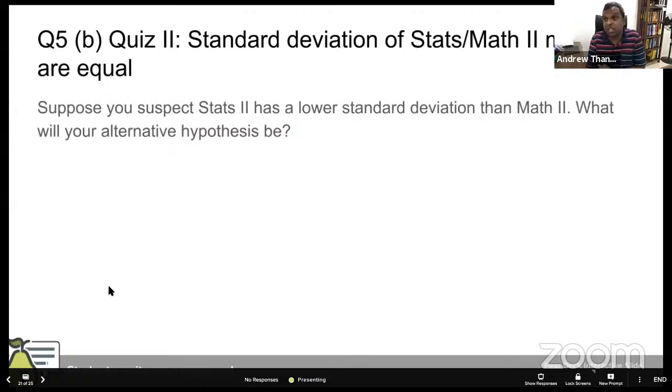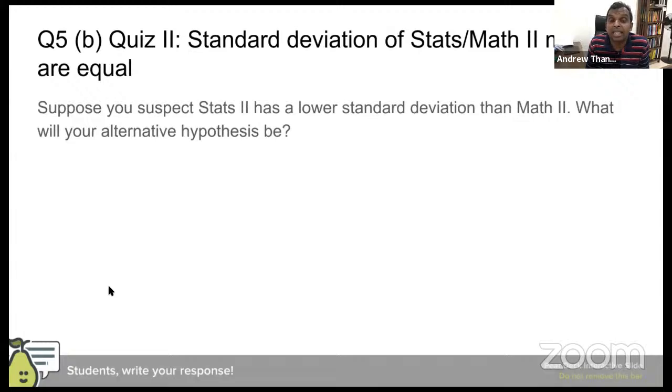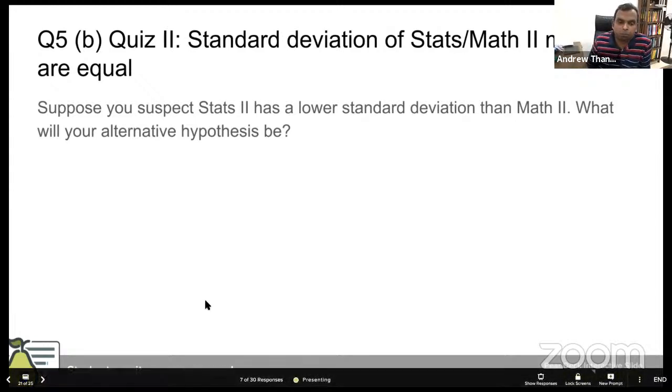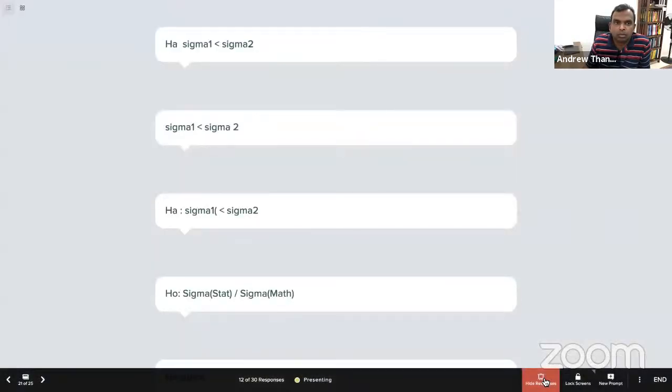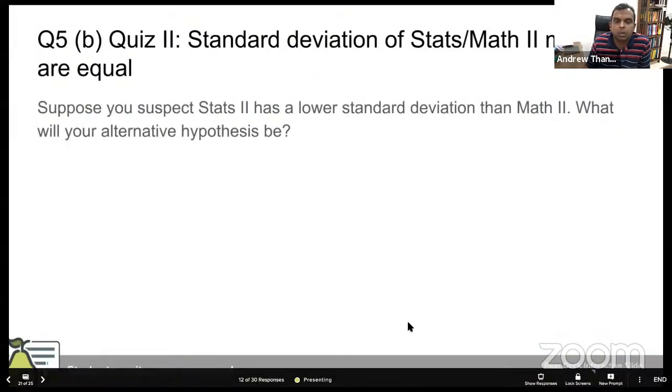So here's my suspicion. My suspicion is stats 2 has a lower standard deviation than math 2. If you suspect this, what will your alternative hypothesis be? So this is not two-sided, this is one-sided. Sigma 1 less than sigma 2, that's good.